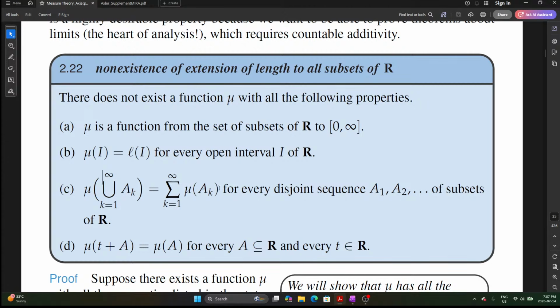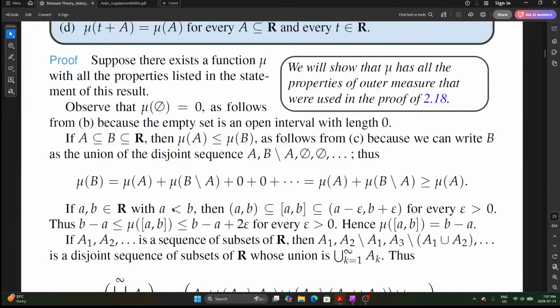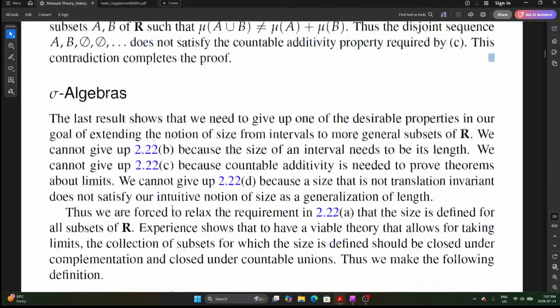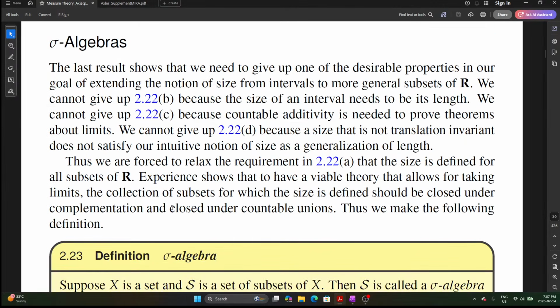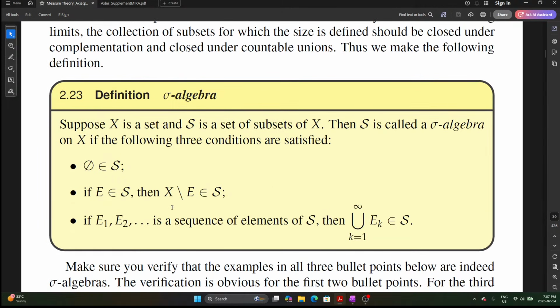So we simply restrict the domain of mu, and that domain of mu is the sigma algebra. So that's the technical reason why we need sigma algebra. It is highly non-trivial. The definition of sigma algebra is quite intuitive, and in fact this is usually the starting point of measure theoretic probability. If you take a measure theoretic probability class, without assuming measure theory, this is where you start from, sigma algebra.